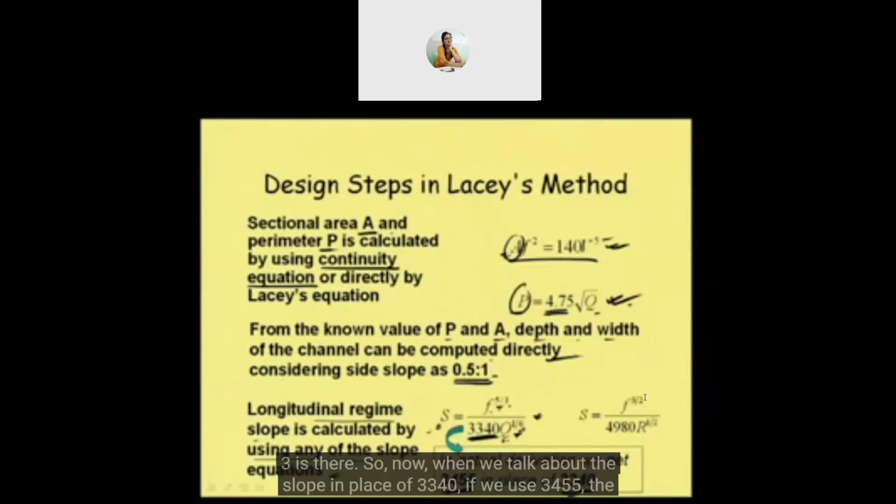So now when we talk about the slope, in place of 3340, if we use 3455, the difference in the value of s will not be that large. But still, some students, or in fact sometimes people, get confused that when we derive we get 3455, but in the equation it is written as 3340.